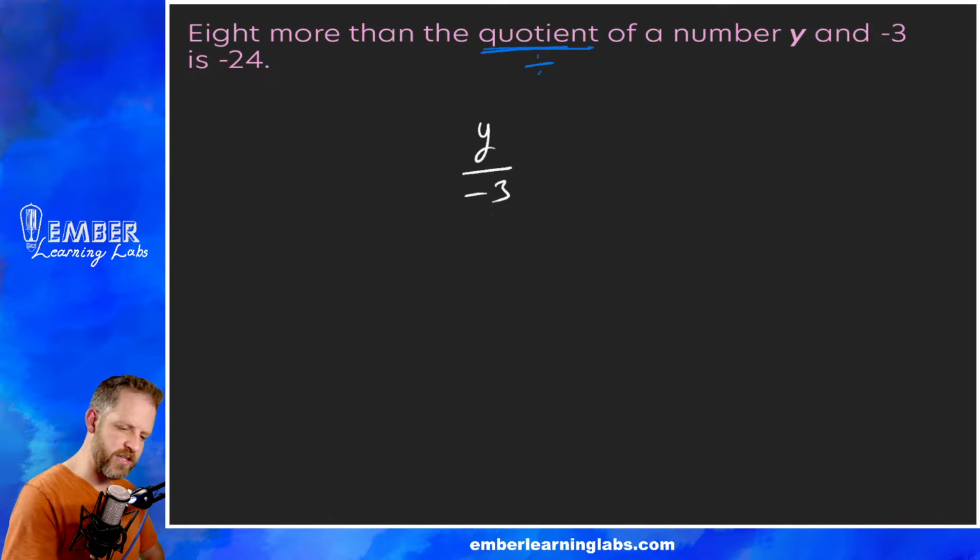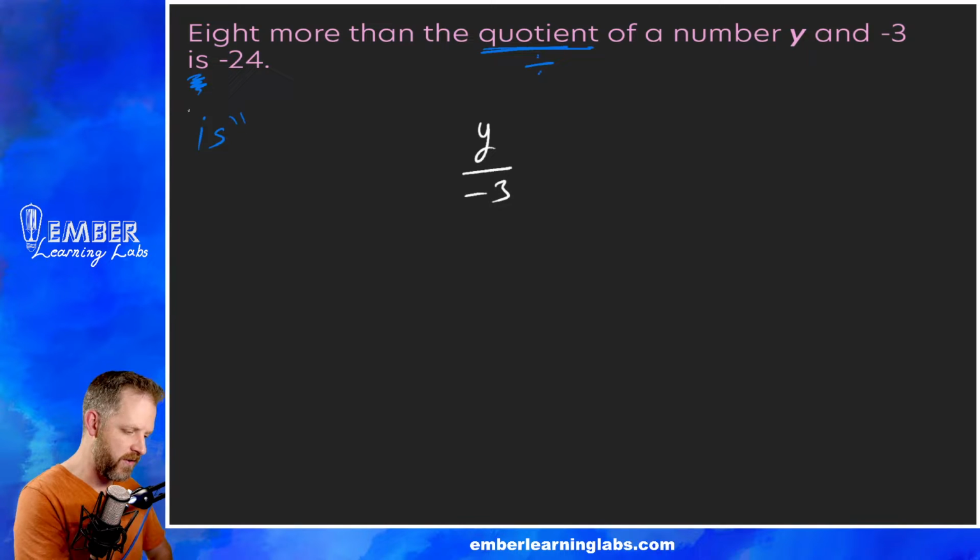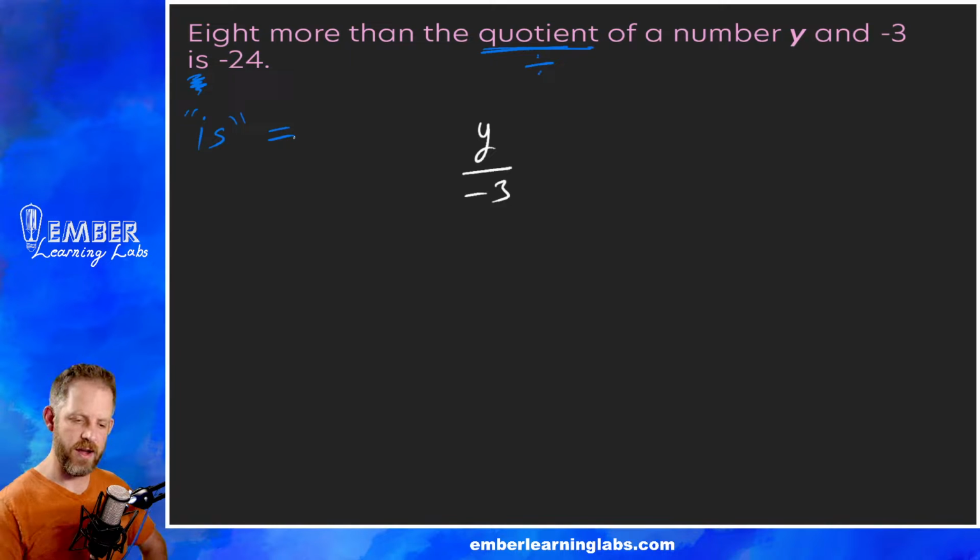Is another word that is translatable. Is, if something is something else, then they are equals. So is, we translate to equals, right? So is -24, so equals -24.